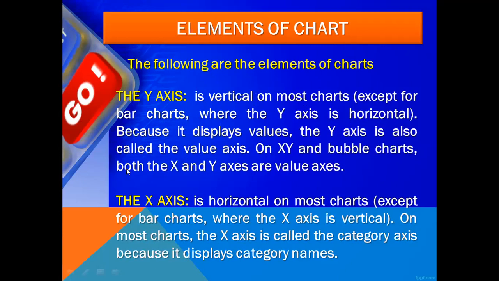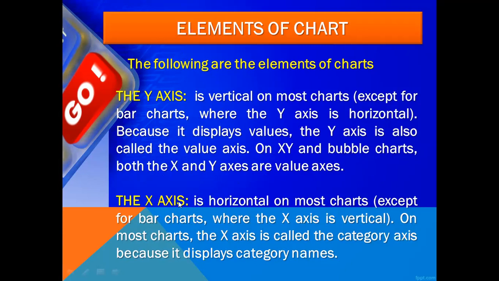So x and y, horizontal and vertical, which you are labeling, are called the x-axis and y-axis. On XY and bubble charts, both the X and Y axes are value axes.